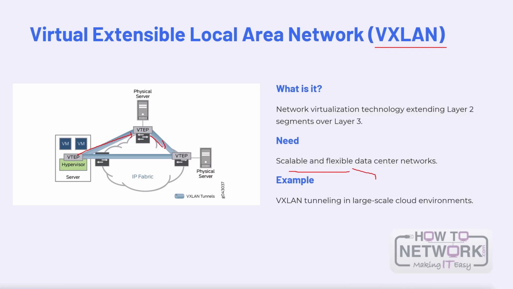So if you want to extend your layer 2 segment, which means it has the same IP address space, let's say from one DC to another, you can do so with the benefit of not extending the broadcast domain, because it's running on top of a layer 3 network environment. So this is one of the cool things about VXLAN. This is already supported on a couple of networking vendors as well.